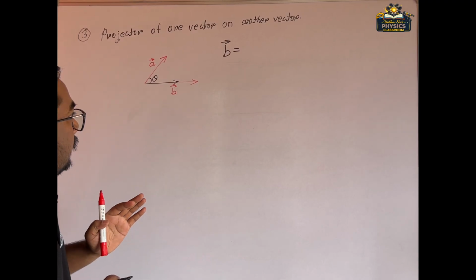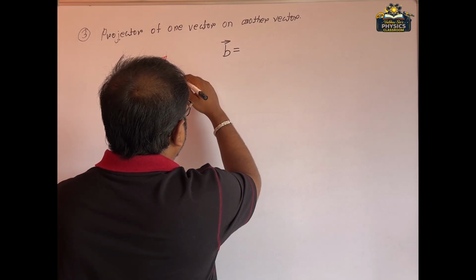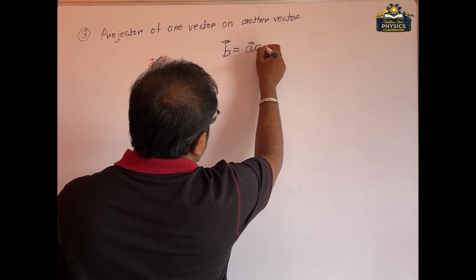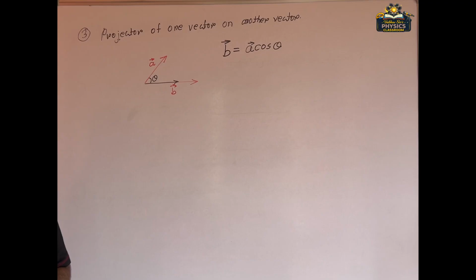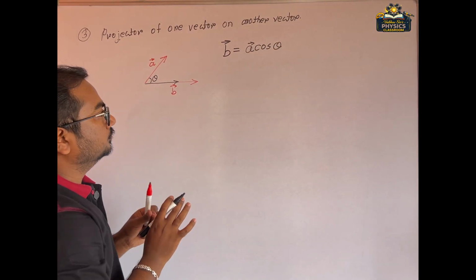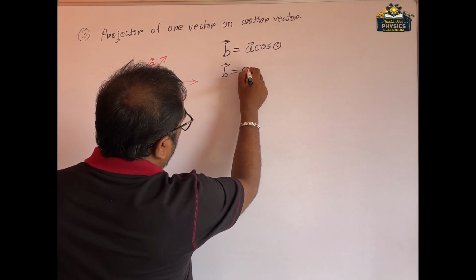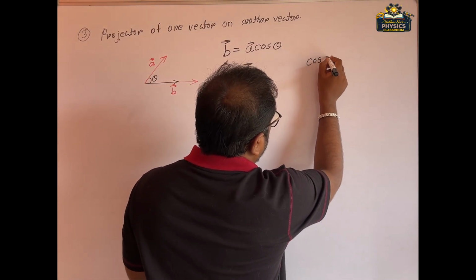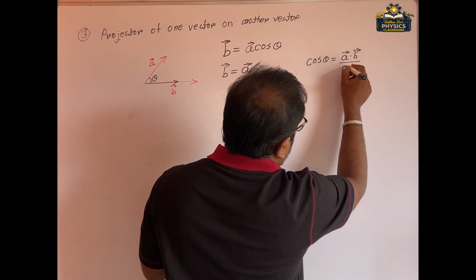So how can we get it then? Here I am taking the vector b or the direction of vector b, it will be a cos theta, just like that. Then if I want to project this vector a, we just find the cos theta, a dot b divided by a b.